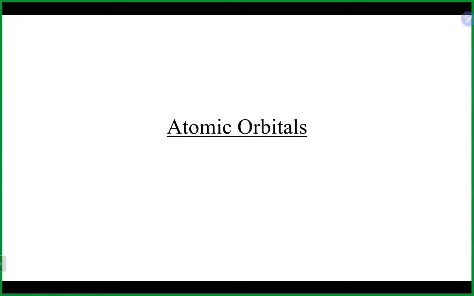So let's talk about each of these atomic orbitals and what they look like. Orbitals are, again, basically where we find electrons within the atom.